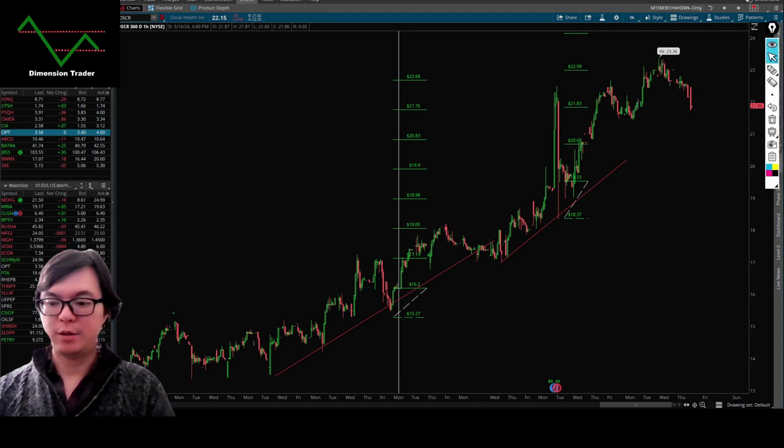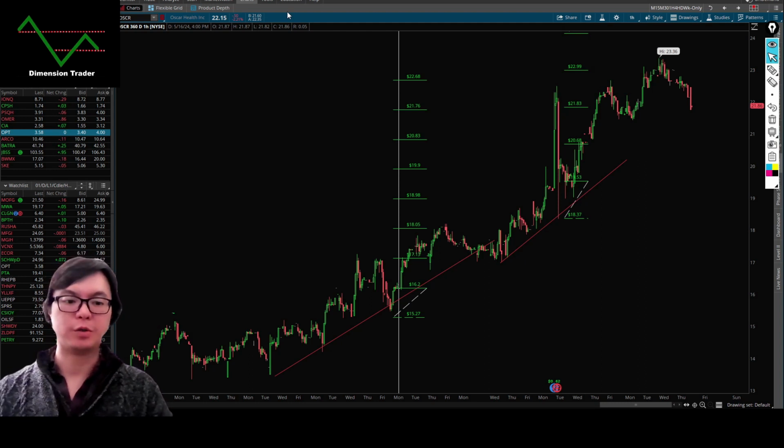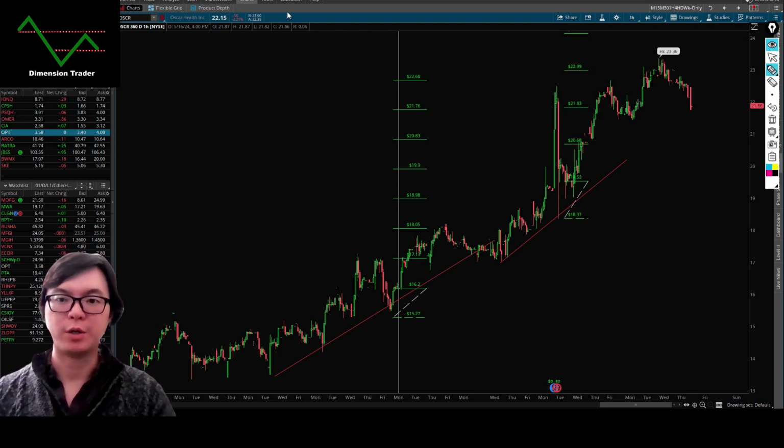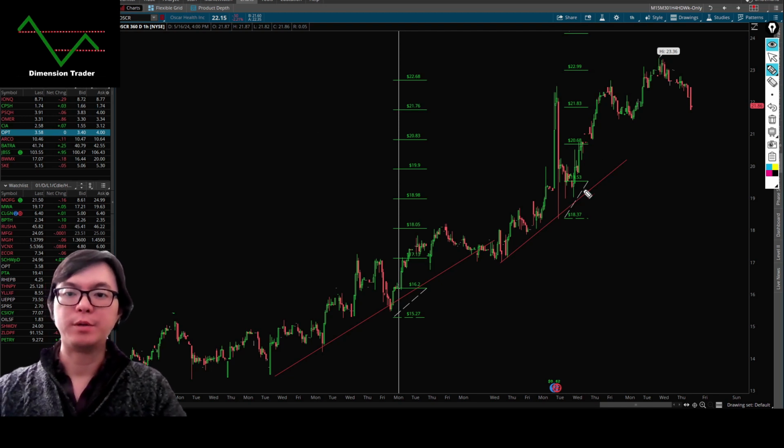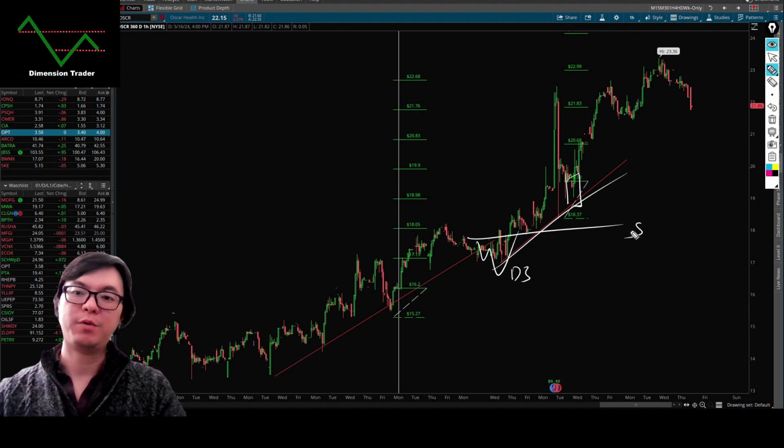For the backtesting, the whole purpose is to find out if your trading strategy is going to work according to your plan. Our purpose is that we are looking for a hammer that is respecting the trend line after Dimension 3 has been broken, creating support.